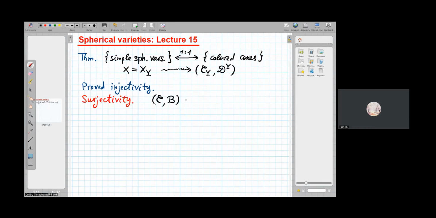So given a colored cone, we have to construct a simple spherical variety X with the unique closed orbit Y.